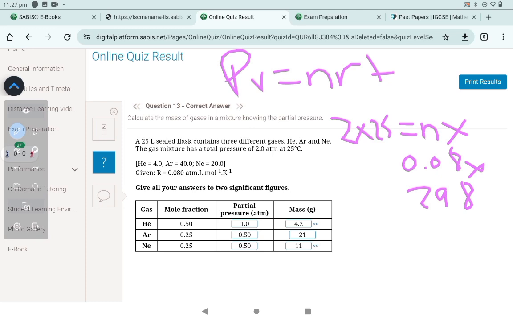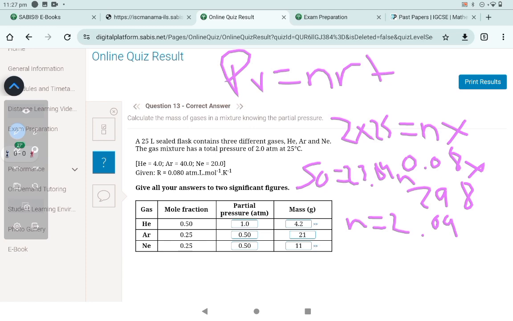Okay, 50 divided by 23.84. So 50 equals 23.84 n. n is equal to 2.1. Okay, so now that is the total moles.